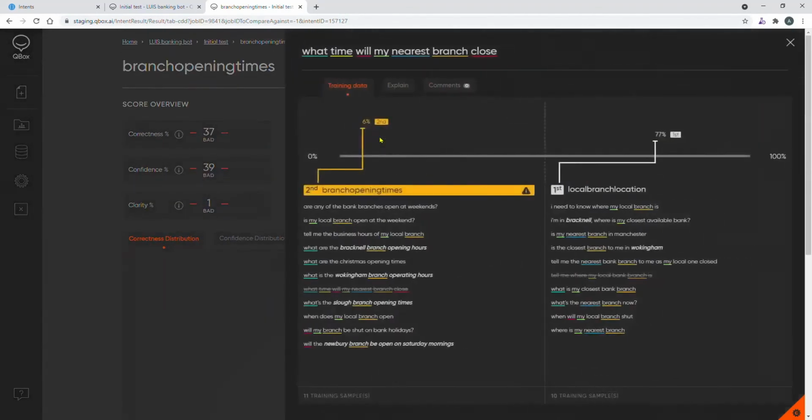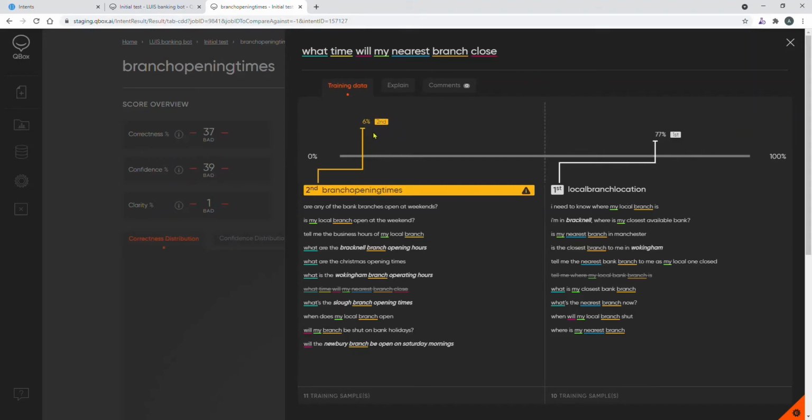So this is, what time will my nearest branch close? We know from the graph that it's getting confused with the local branch location intent, and it's 77% confident at this incorrect prediction. The correct intent is the second highest prediction, and it's only 6% confident.